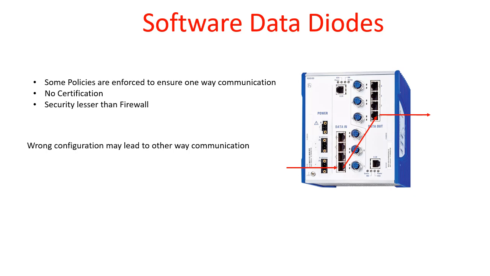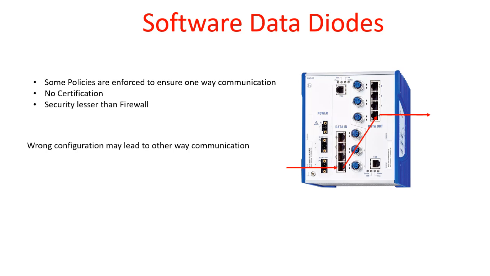So this is a software data diode. Software data diode is the device where the one-way communication is ensured through the software policies. So obviously, some policies need to be enforced to ensure one-way communication.